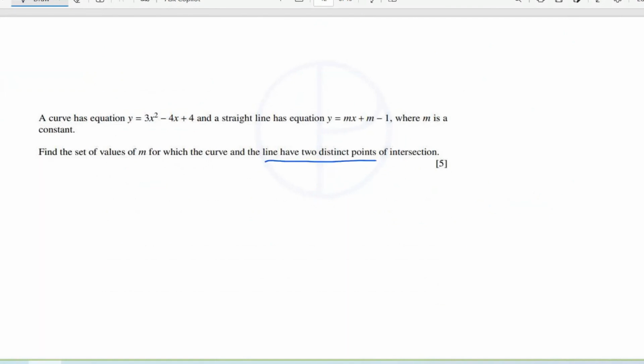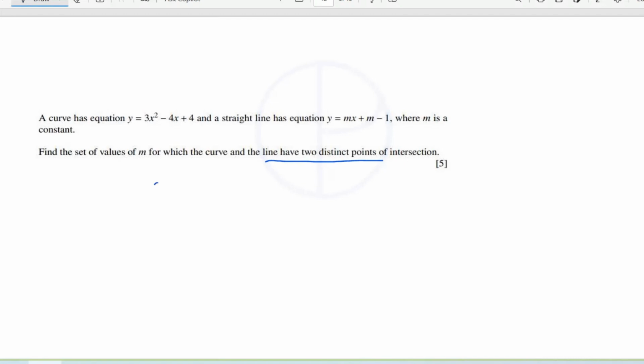So here it's given the line and the curve have two distinct points of intersection. That means the discriminant b squared minus 4ac is greater than 0.